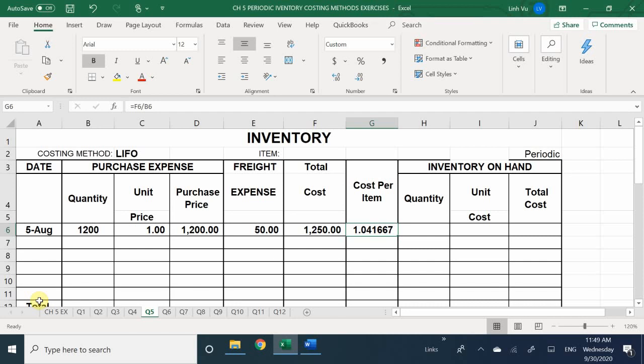That's just one issue there, especially when you're dealing with thousands of items. 1/1000th of a penny, if you sell 1,000 of those items, will make a difference. Back to this: we solved for our very first one, which indicates I bought 1,200 items for $1 each, and freight was $50.